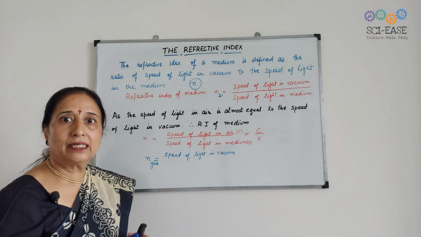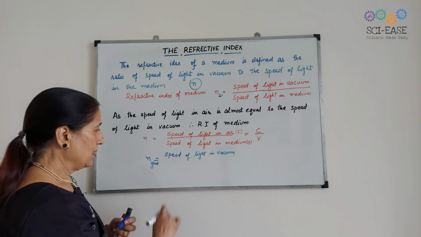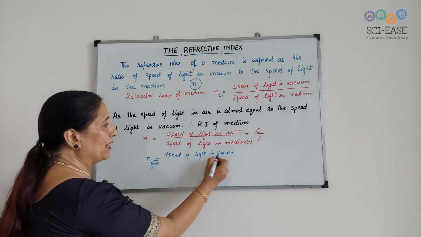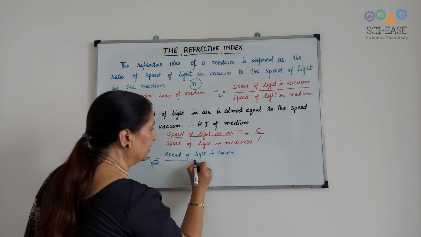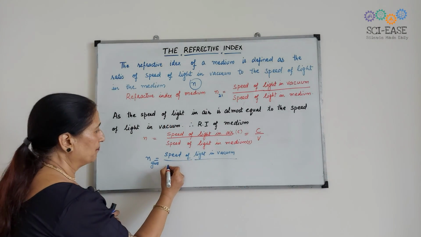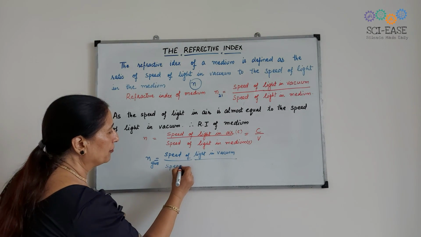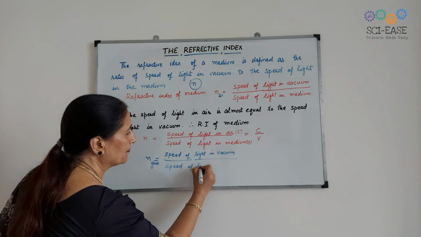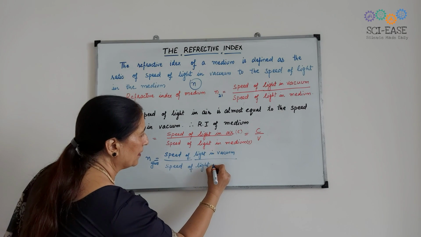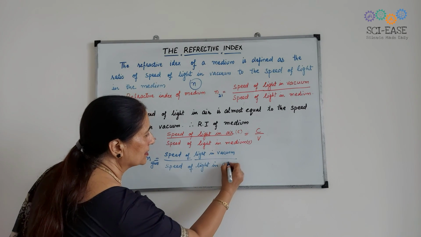We are to calculate the refractive index of glass. So this is speed of light in vacuum or in air, you can write, over the speed of light in glass.